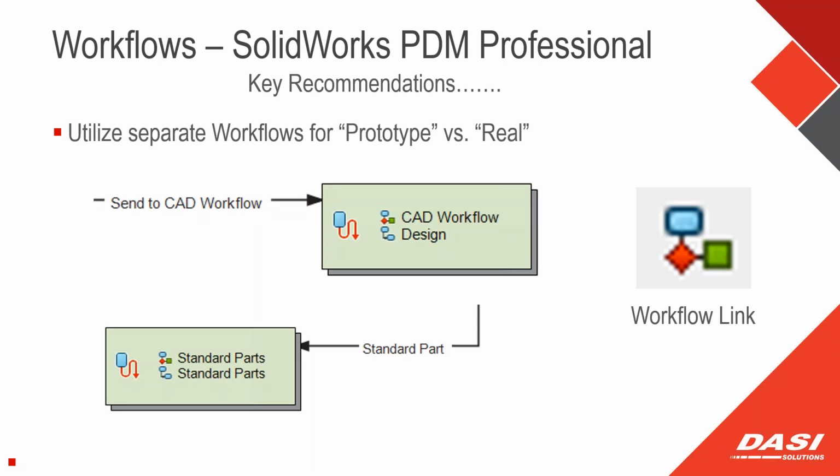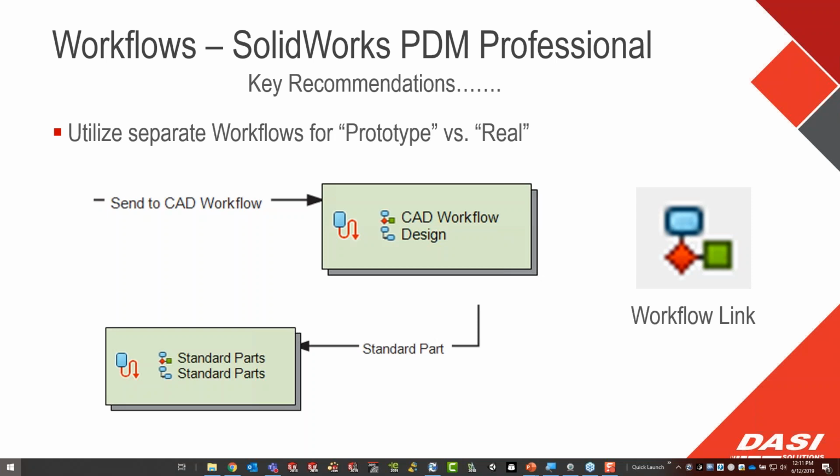So a different workflow than your normal CAD workflow is very much a recommendation when it comes to those types of things. But then there are those one-offs. You take a toolbox component, you want to cross-drill it for some sort of application, and then that becomes a component that needs to come out of that workflow and jump in as a regular component. So we can link those pretty simply.